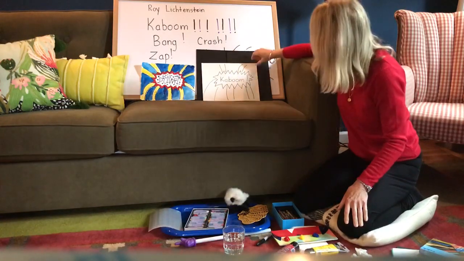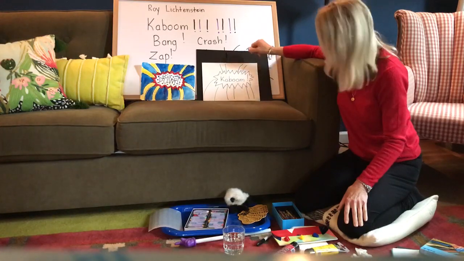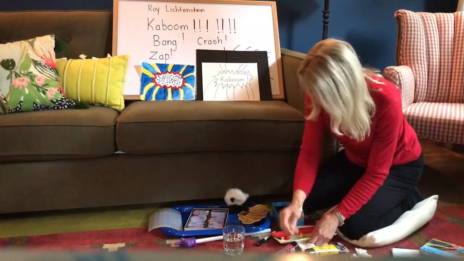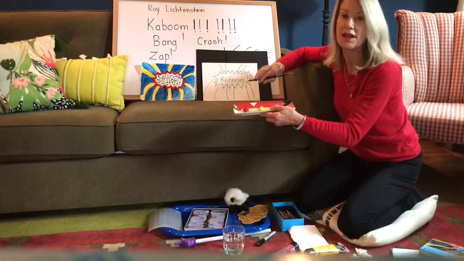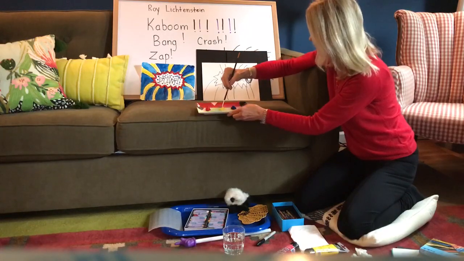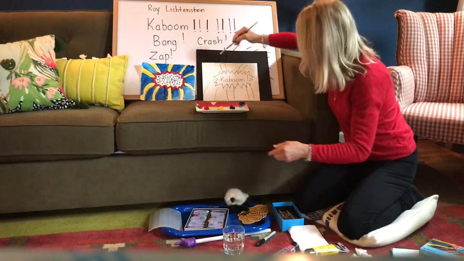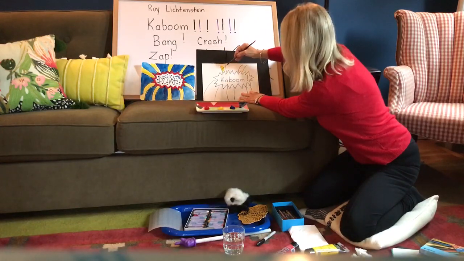I think you can. So there's my word kaboom, and now I can do whatever I want, but I think I'm going to start with my yellow because that way it won't kind of get yucky with that. So let me, and I'm just going to fill it in right here.